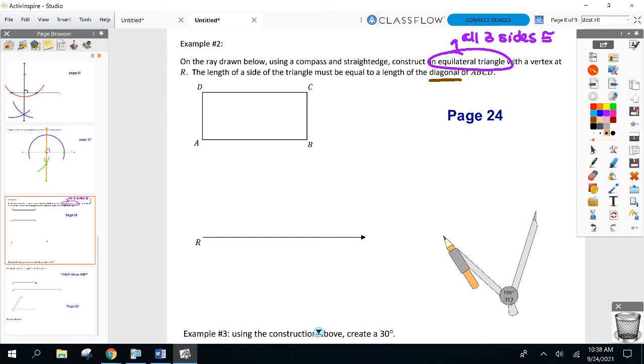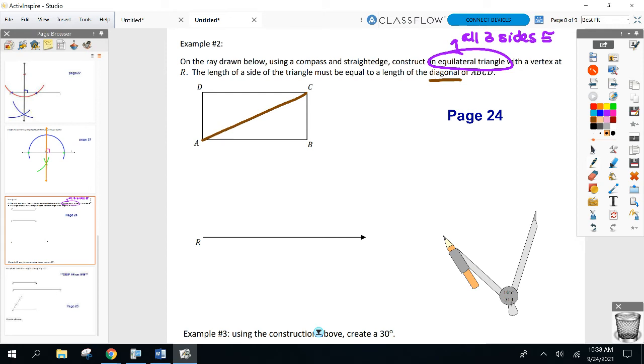So go ahead, draw in diagonal AC. You can line up your straight edge if you want. That's a diagonal. It connects the corners of a four-sided figure. So each side of my triangle has to be this length, and we have to do it on this ray here that starts with R. Everyone open up your compass the length of the diagonal.